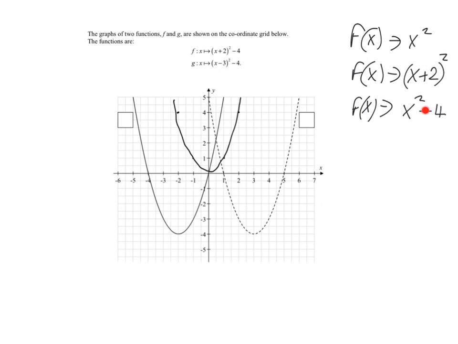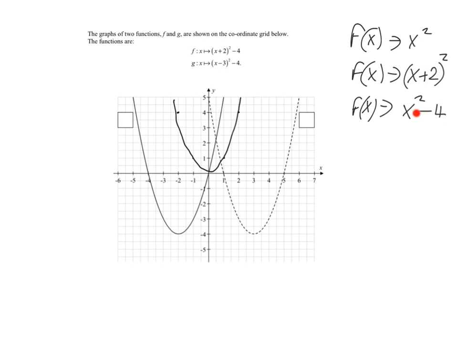So we're taking 4 away from the y values on this curve. So each point will go down 4 in the y direction. So the minimum point would actually go down to here, and you'd end up with a graph that looks something like that. So that's an example of a vertical shift in a negative direction.